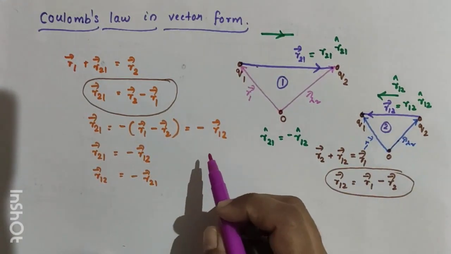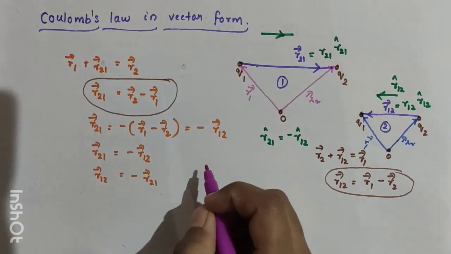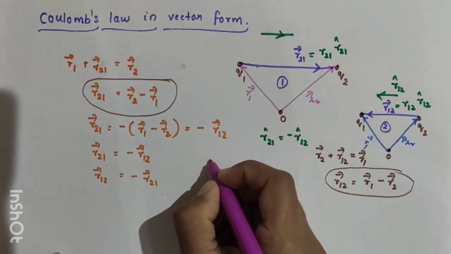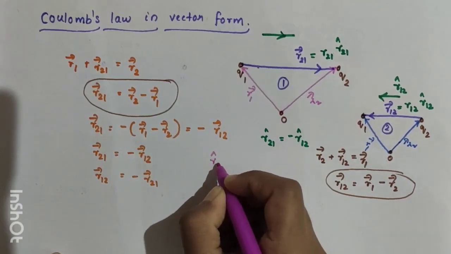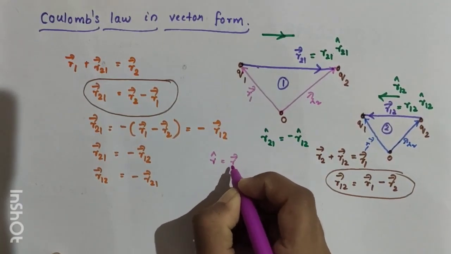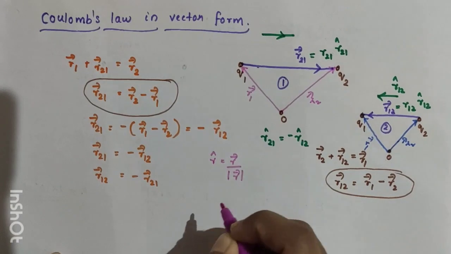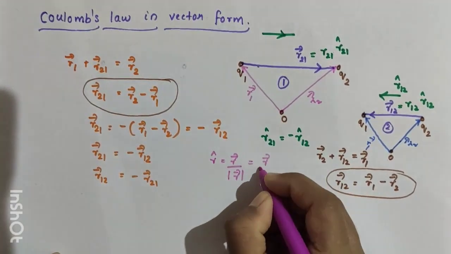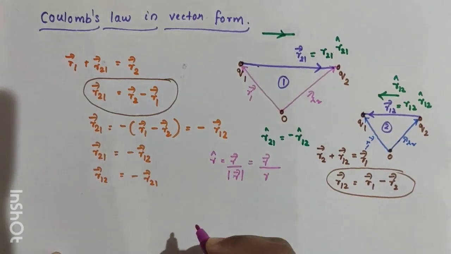We know that the direction of a vector is specified by a unit vector. In general we can write that unit vector r cap as vector r divided by modulus of vector r, which is r itself.